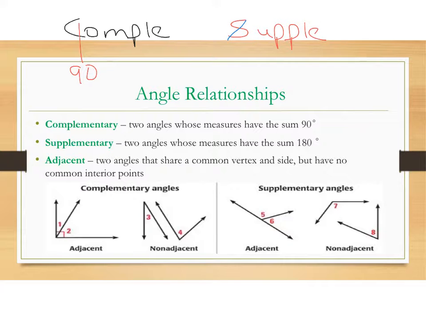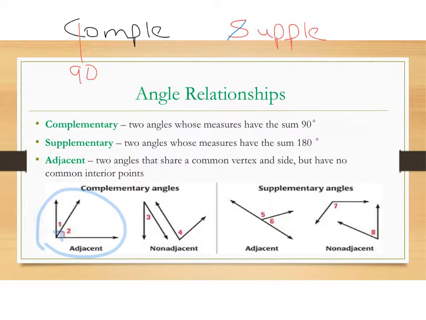Now, in the examples or the figures there, we have a picture of complementary angles. Notice the little square here in the bottom indicating a 90-degree angle. So when you have two angles whose sum is 90 degrees, they're complementary. Okay? We can have angles that are complementary and we can also label them as adjacent because they're side by side.